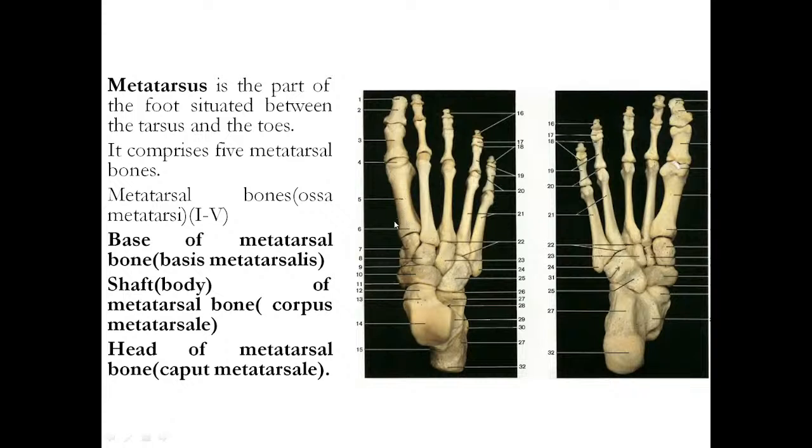Each consists of the base, basis metatarsalis, the body, corpus metatarsalis, and the head, caput metatarsalis. One, two, three, four, five: five bones. Here you see the talus, calcaneus, cuboid, navicular, and the cuneiforms: medial, intermediate, lateral.